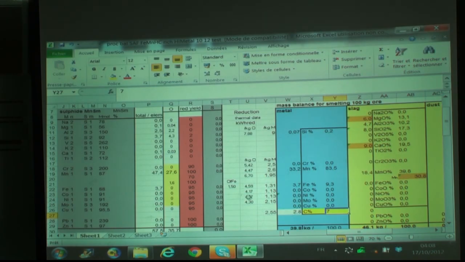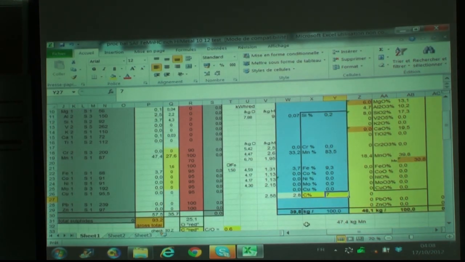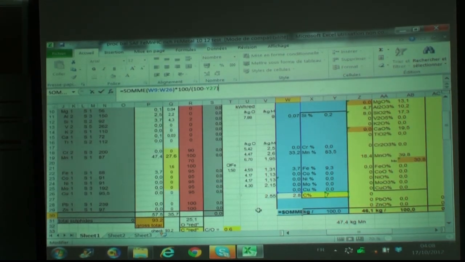And so what I do now is on the metal side, I will add all this except the carbon, and I say the sum is, I hope you understand that.